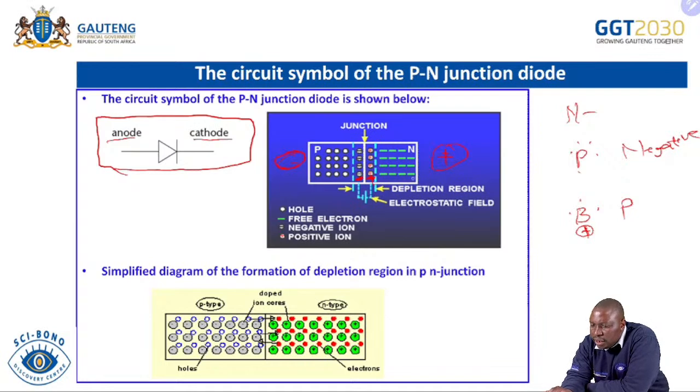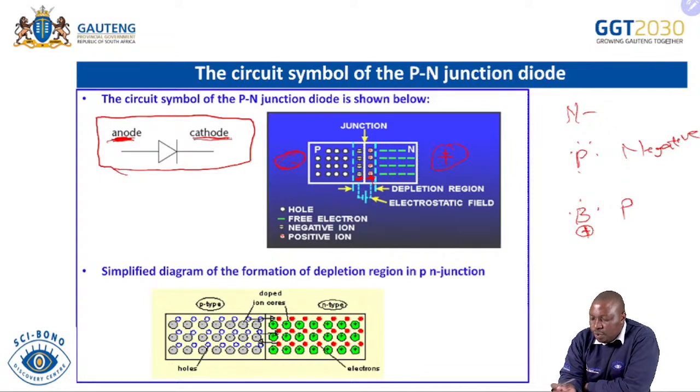You are having negative ions that side and positive ions that side. So you have the anode, which is a negative one, the cathode, which is your positive one. So we're able to create our PN junction.